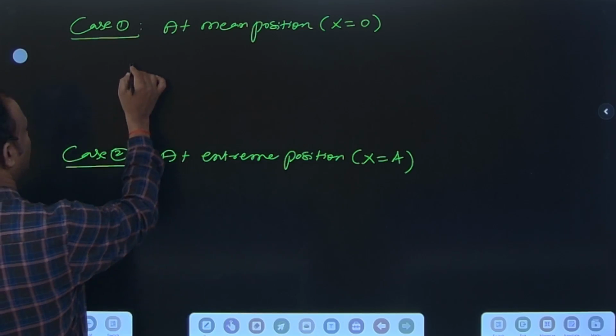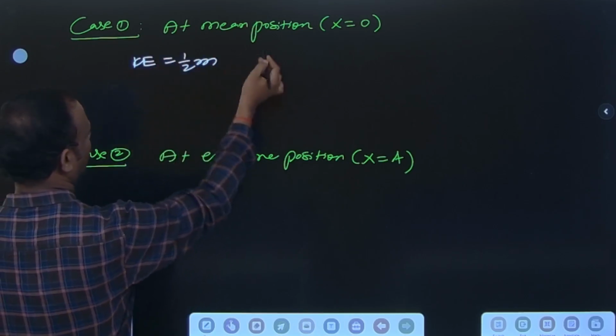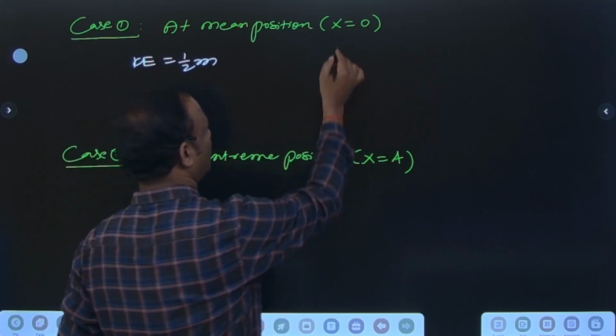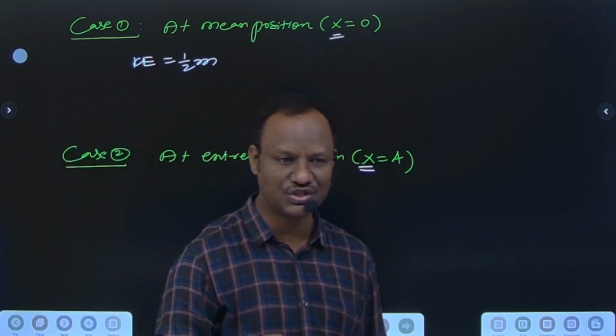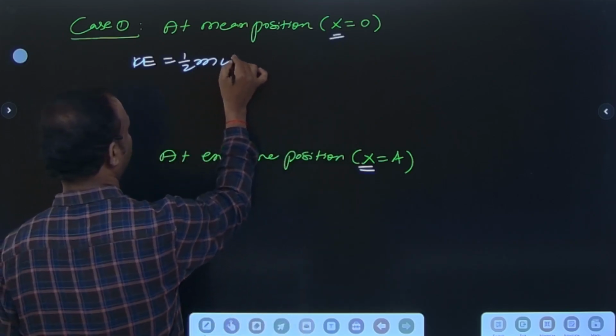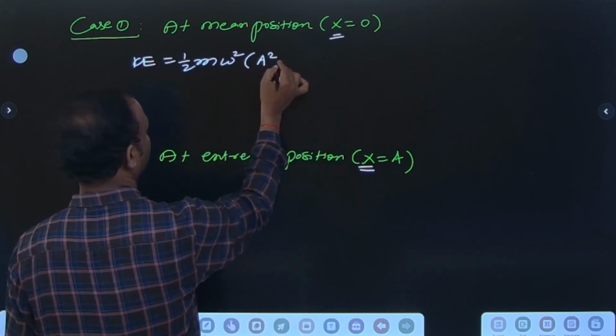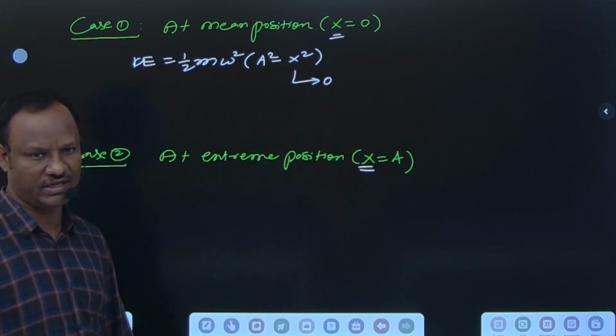So at mean position, kinetic energy K is equal to half m, using the position dependent form. What is the position dependent form? Half m omega square times a square minus x square. What is x? It is 0.